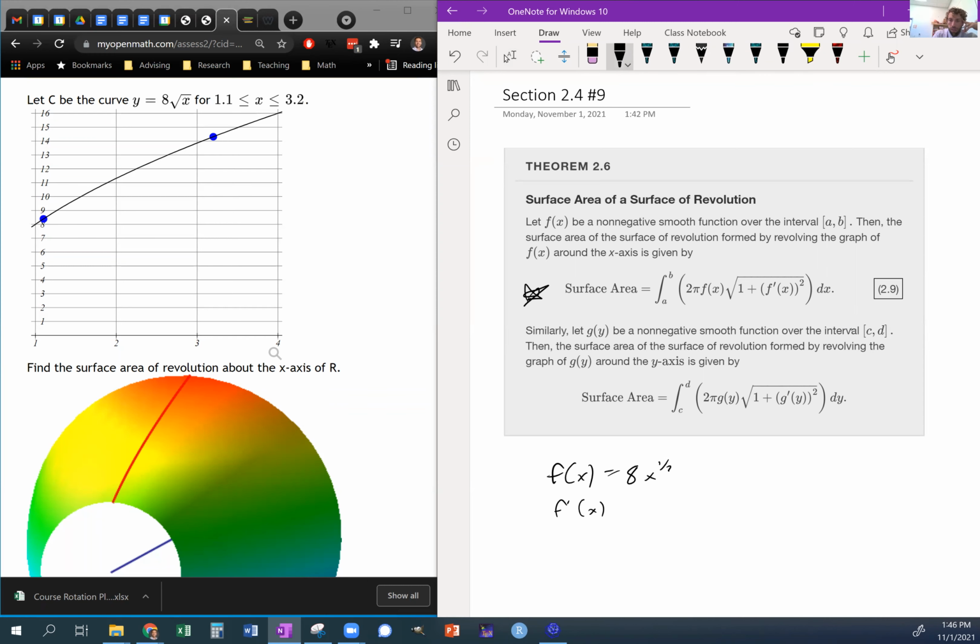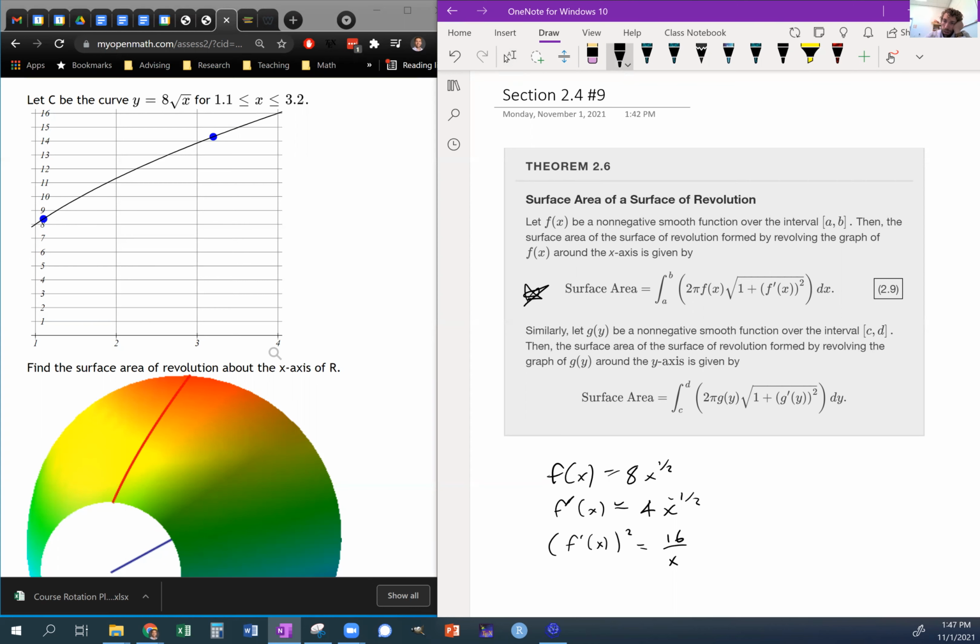Then f prime of x is 4 times x to the -1/2, which means that f prime of x squared equals 16 over x, because it'd be 16 times x to the -1.